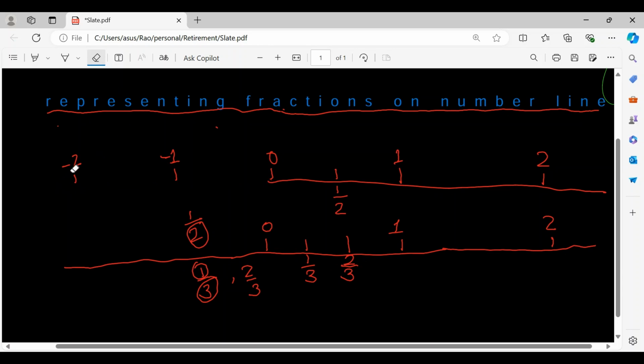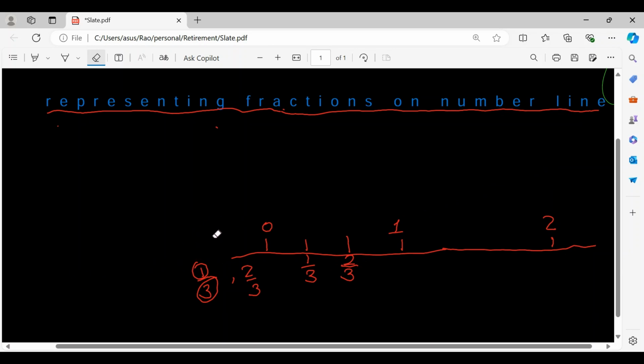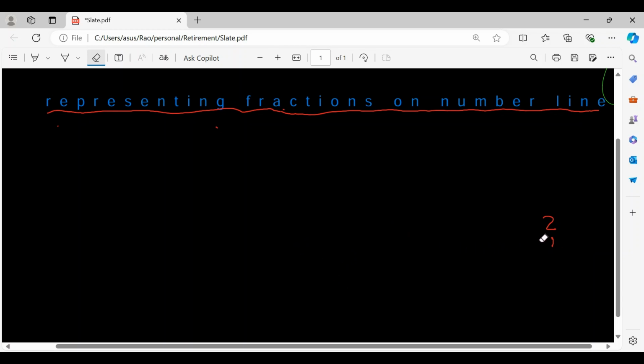Now I am clearing the blackboard, and we will draw the next scenario, which is where the numerator is bigger than the denominator. That is the second scenario. So I am going to represent that on the number line.